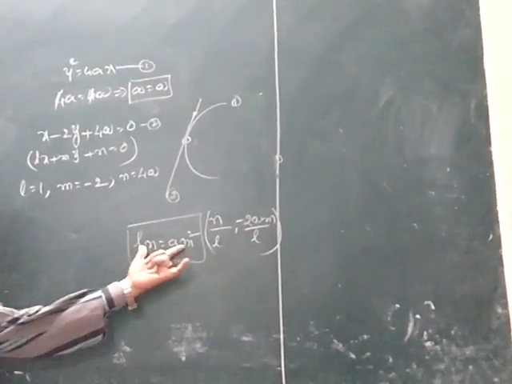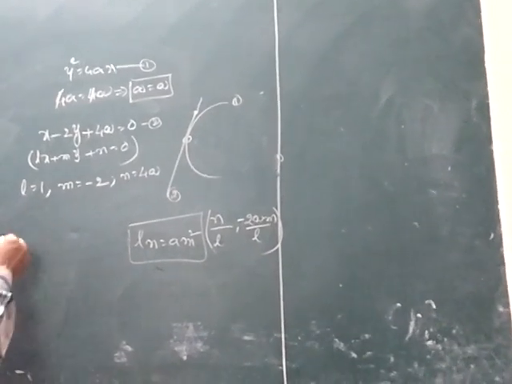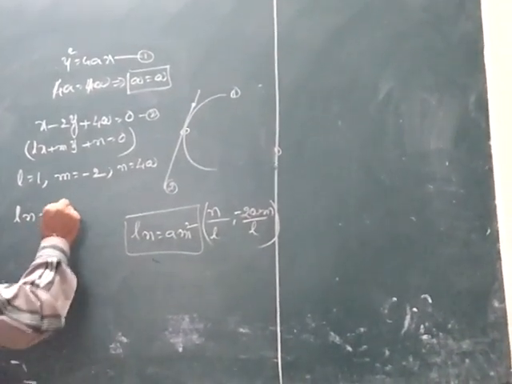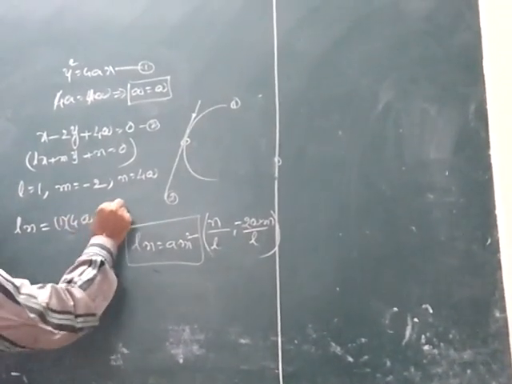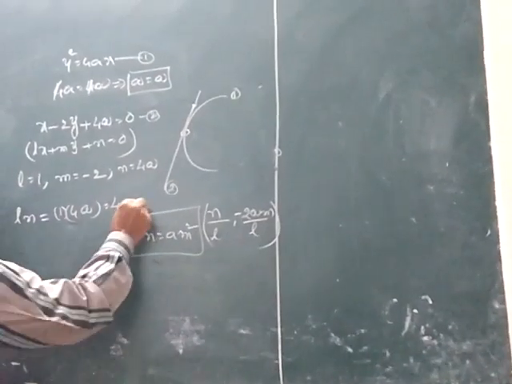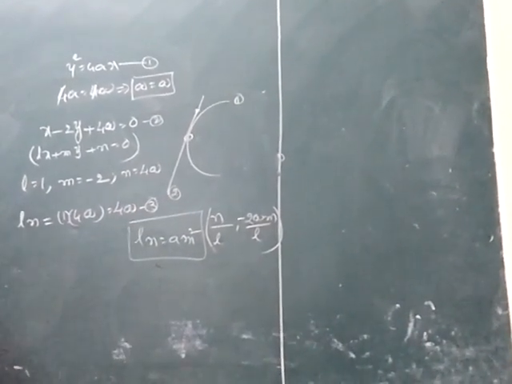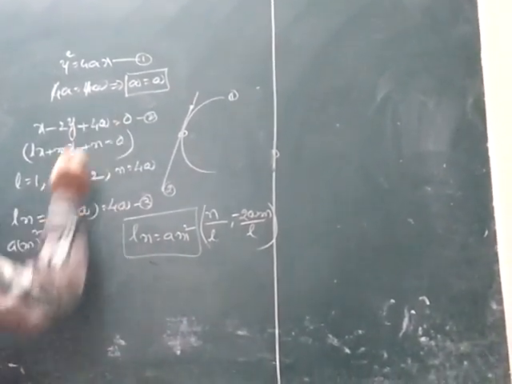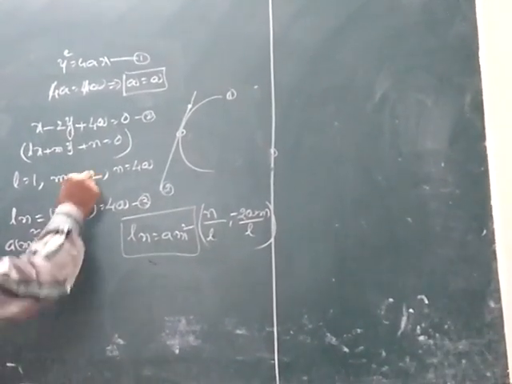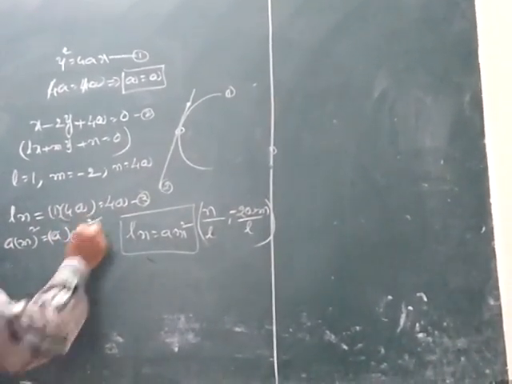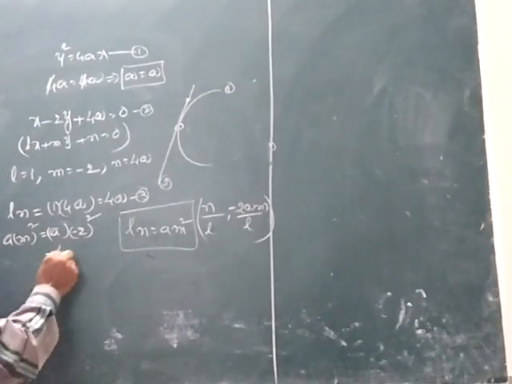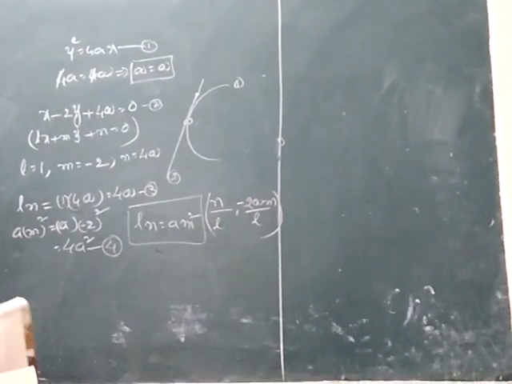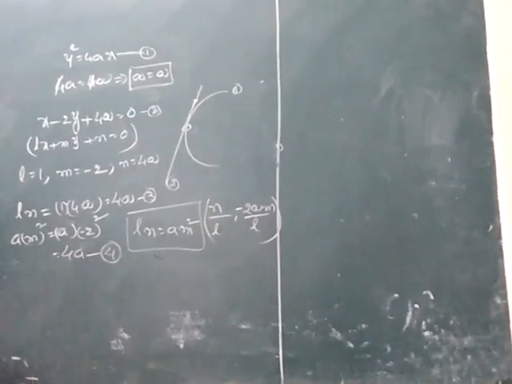First show that this condition. Calculate Ln value. Ln equal to 1 into 4a, that is 4a. am square, a value a, m value minus 2, whole square, 4a square by a, that is 4a.